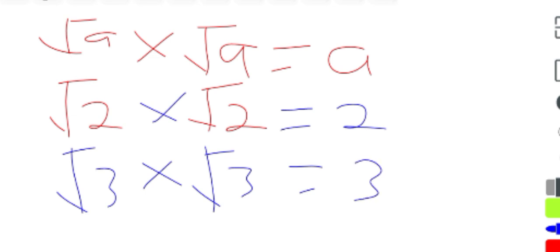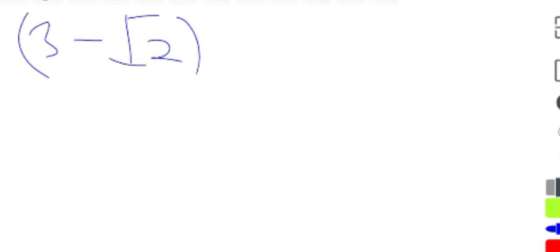So we are going to look at other ones. Let's say we have 3 minus root 2. What's going to be the conjugate of this? Now the conjugate of this is just changing the symbol or the operation in the middle to addition. So the conjugate of this surd over here is going to be 3 plus root 2.